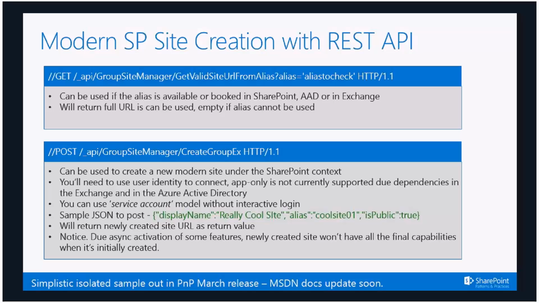This means that when you hit the endpoint and the site is getting created, you do not have the final version of the site at that point. That is something we need to be aware of. From a Microsoft perspective, we will provide some guidance and more clarifications on which things are getting asynchronously provisioned in the future.